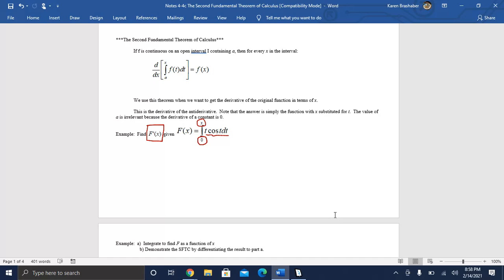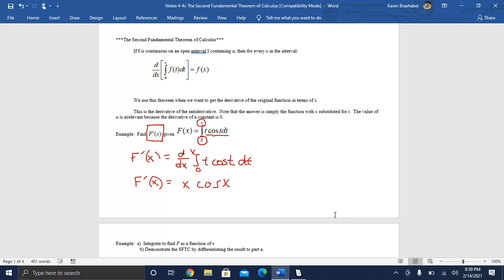All right, so f prime of x would equal the derivative with respect to x of the integral from 0 to x of t cosine of t dt, and we'll simply plug in x everywhere there's a t, and so it'll be x times the cosine of x, and that's an application of the second fundamental theorem of calculus.